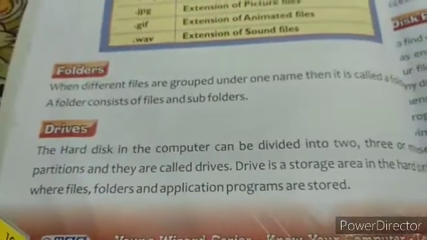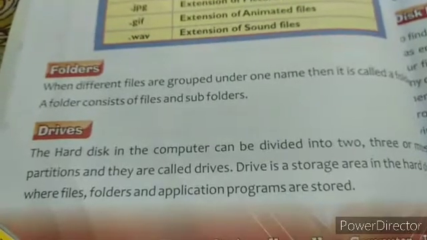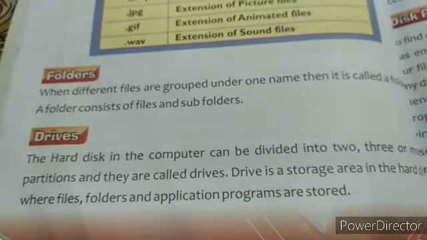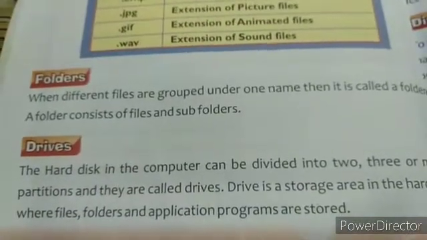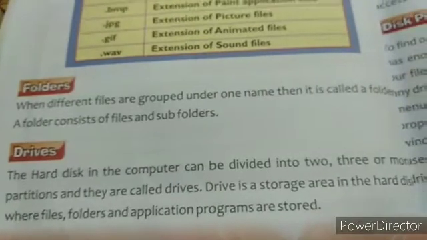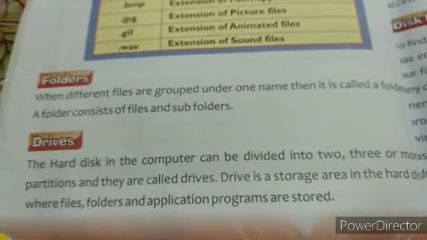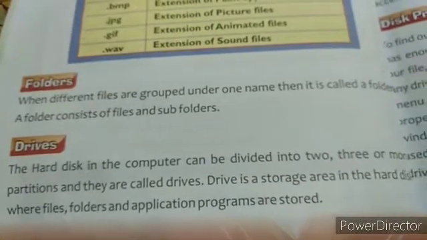Next, drives. What are drives? The hard disk in the computer can be divided into 2, 3 or more partitions. That is called drives. So what is a drive? A drive is a storage area in the hard disk. For example, if you take a human being, where do we store?